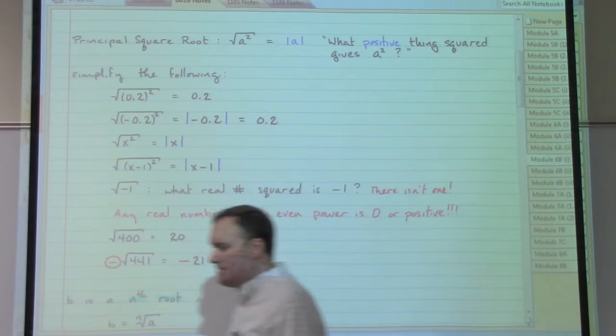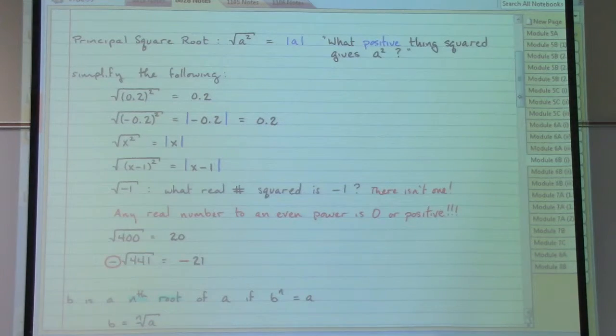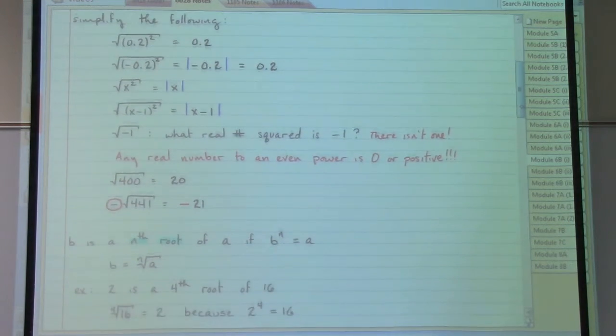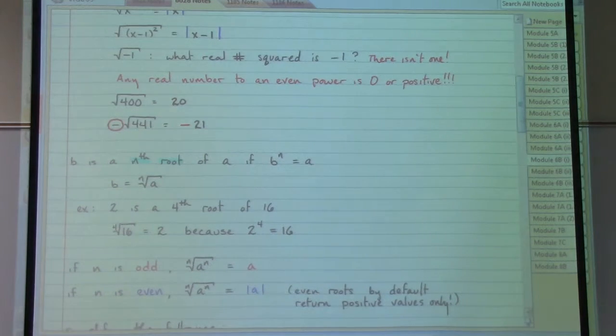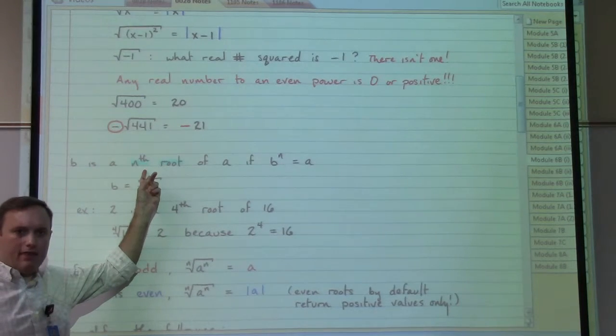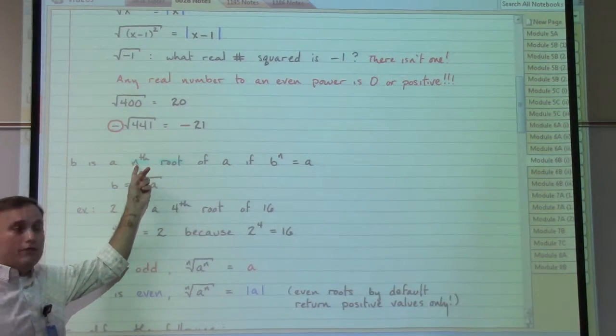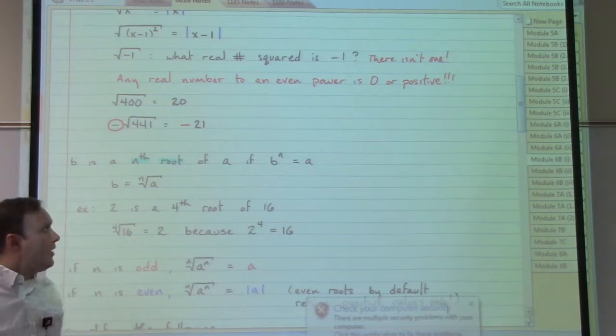So we would have to name them based on the important power that would be going on.